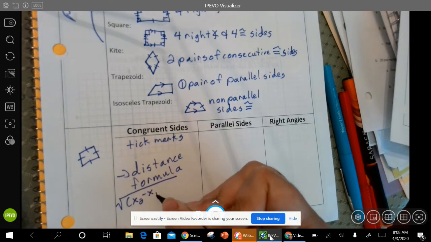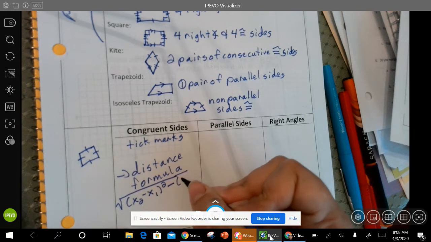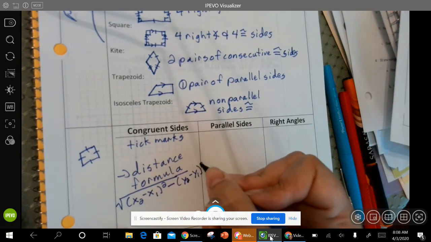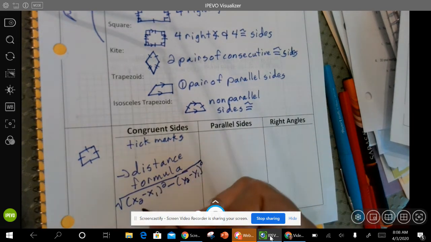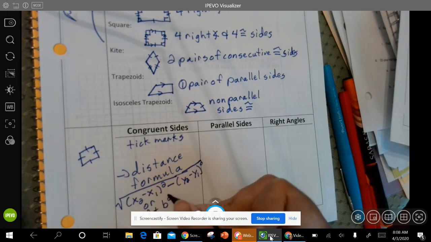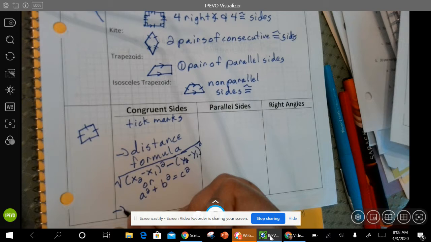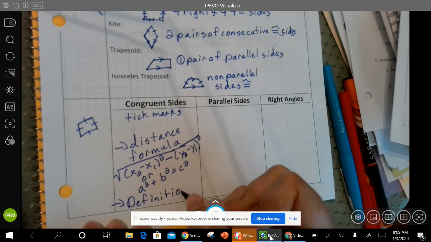So the change in x squared plus the change in y squared, under the square root, like I said, or you can use the Pythagorean theorem. It's another form of the distance formula. And we can also use the definition of congruent.